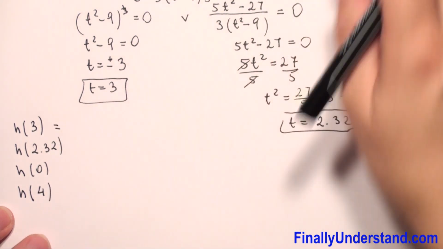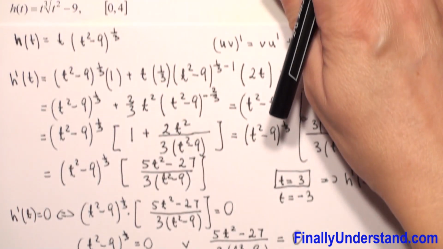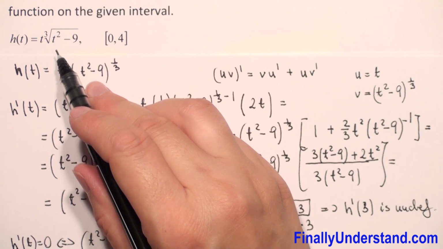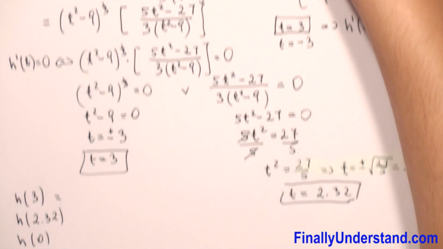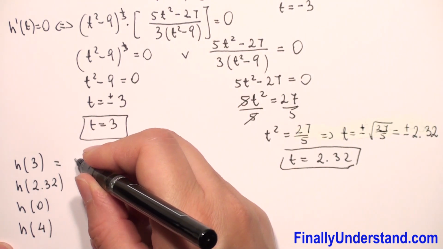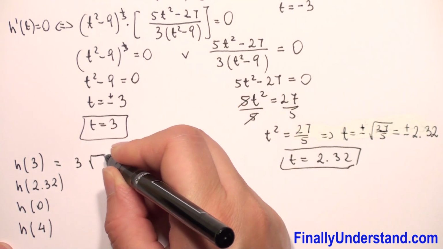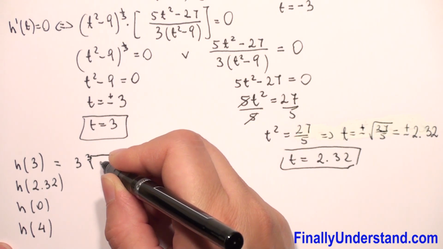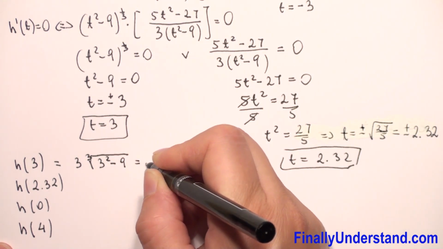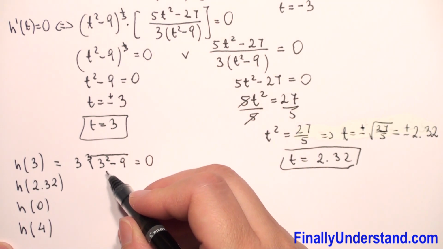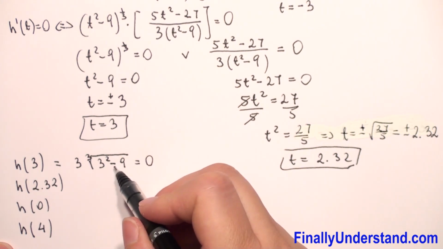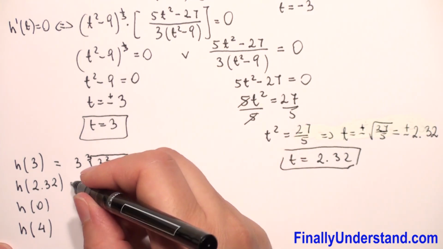We have to replace in our general formula t by 3 first. So we have 3 times the cube root of 3 to the second power minus 9. This is equal to 0 because 3 to the second power is 9, and 9 minus 9 is 0. The cube root of 0 is 0, times 3 is 0.